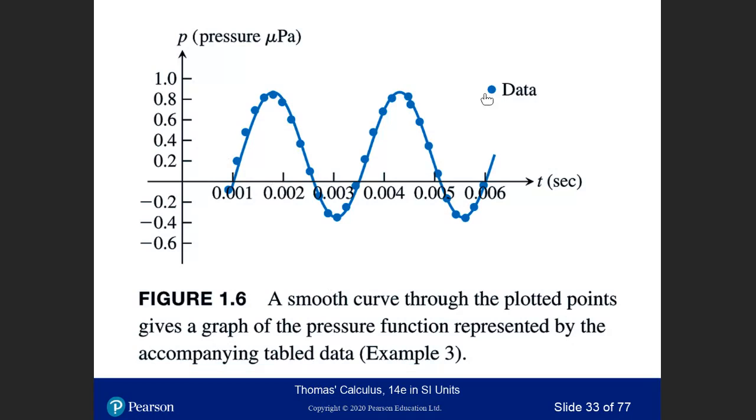Blue dots are data, as you see in the previous pictures. So what you do is you try to join the points and draw a graph of pressure versus time.